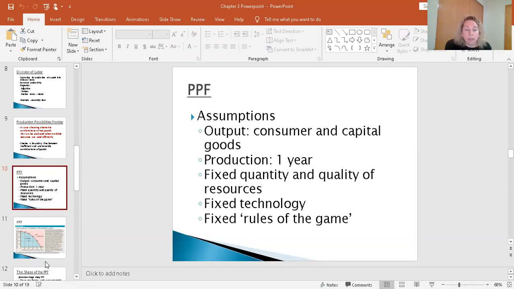It is a moving target. PPFs are always changing. Why? Because our resource pools typically are changing. We don't have some given number of resources that never changes. Sometimes we deplete resource supplies, and sometimes we discover resource supplies. That's going to be one of the big reasons why that PPF is going to continue to shift.